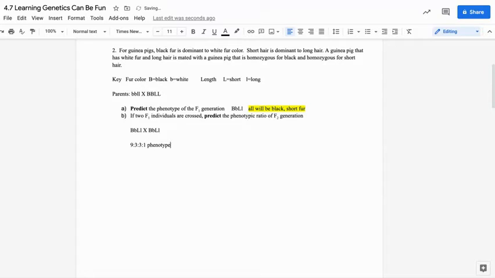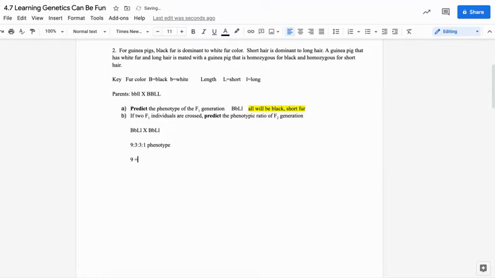So what does this actually mean? It means that anytime you see a dihybrid where both parents are heterozygous for both traits, you can expect this ratio. So that means 9 of the offspring will have the dominant trait.